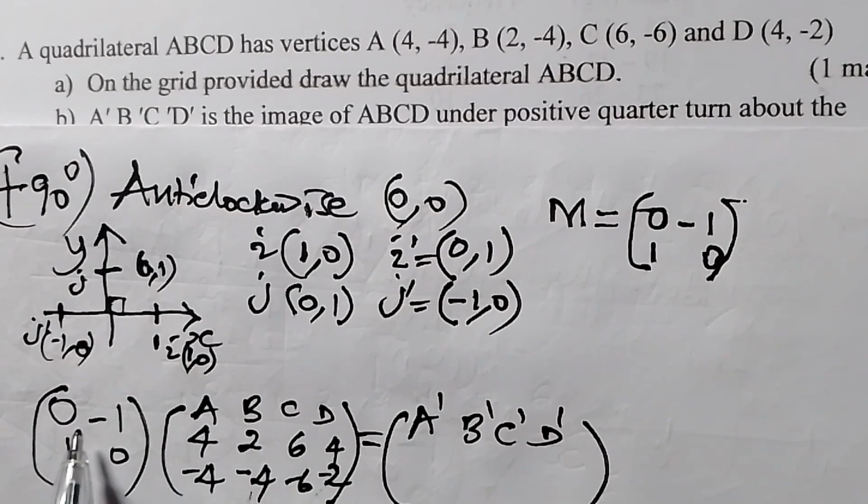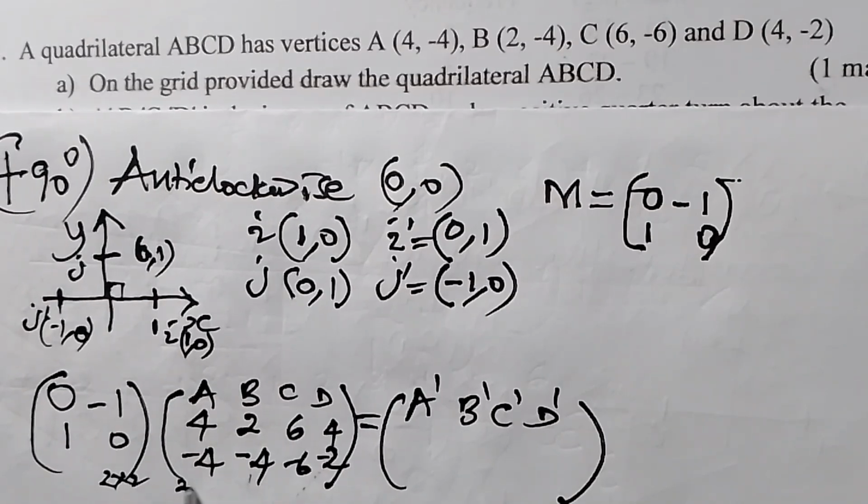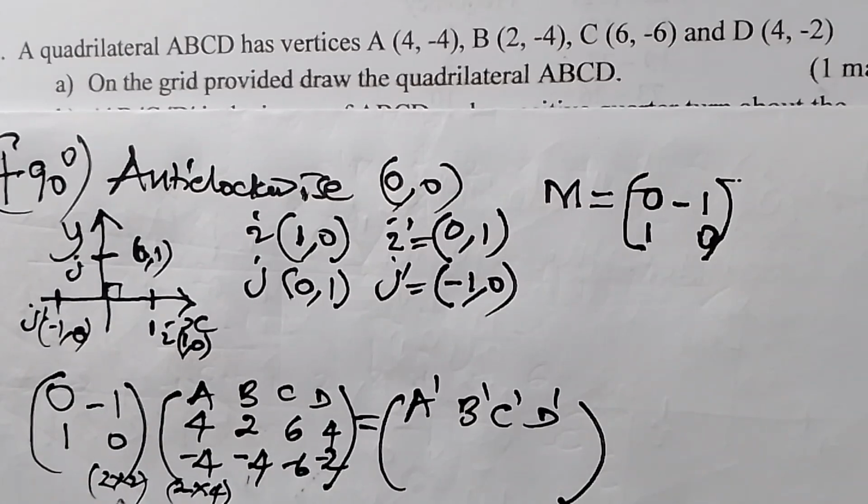Of course, these two matrices are compatible, so they can be multiplied together. This is order 2 by 2, and this is order 2 by 4. So they are compatible in that the number of columns in the first matrix is equal to the number of rows in the second matrix.